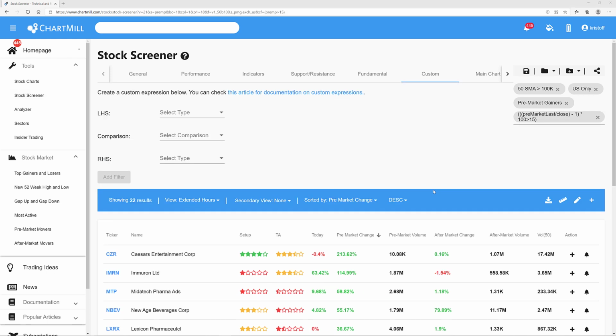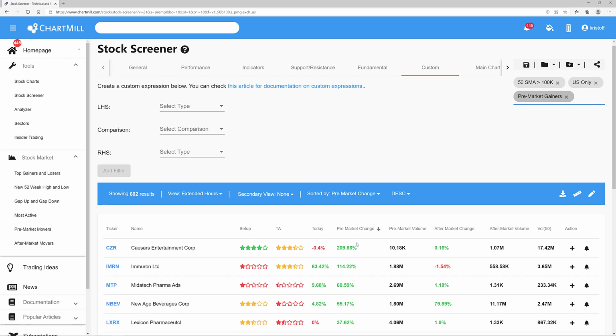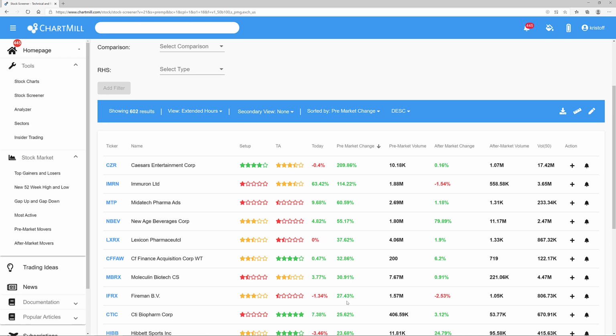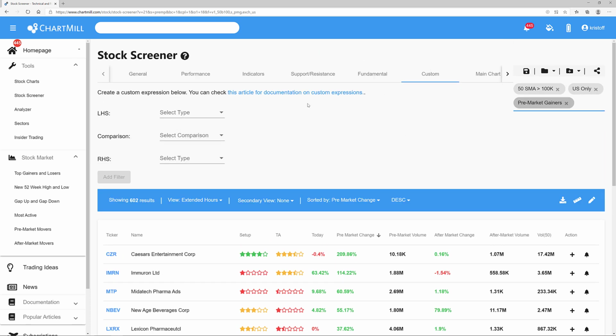Imagine, for example, that you are only interested in stocks that rise pre-market more than 15% but less than 40%. Moreover, you want the pre-market volume to be at least 100,000. With the help of the Custom Indicator tab in Chartmill, you can easily do so. The Custom Indicator tab allows you to make comparisons. In this case, we choose, for the left side of the equation, the property pre-market change.